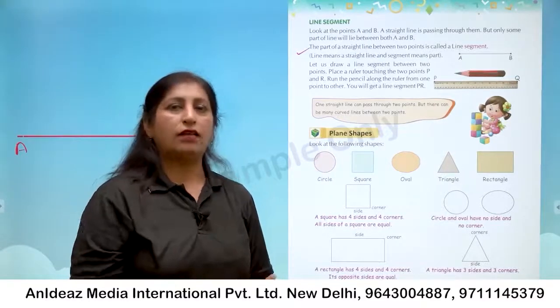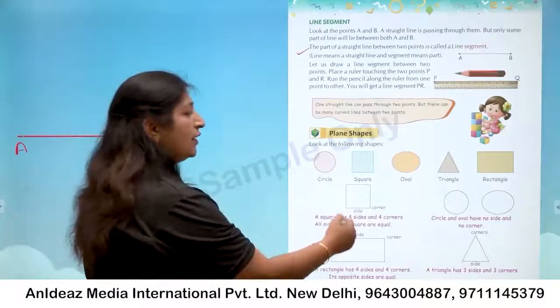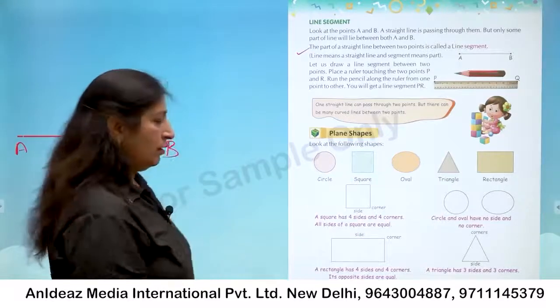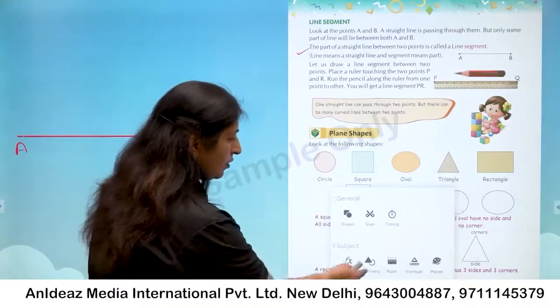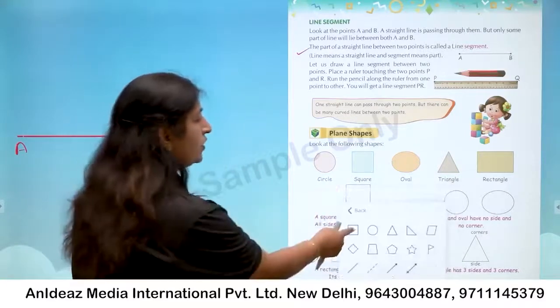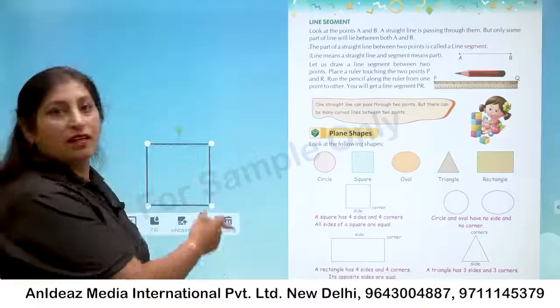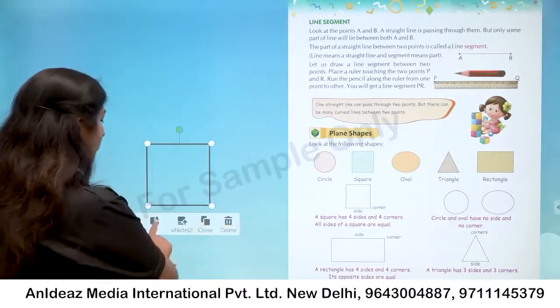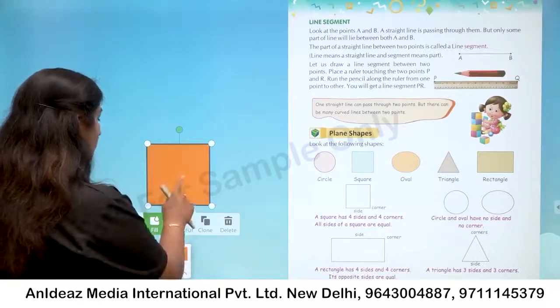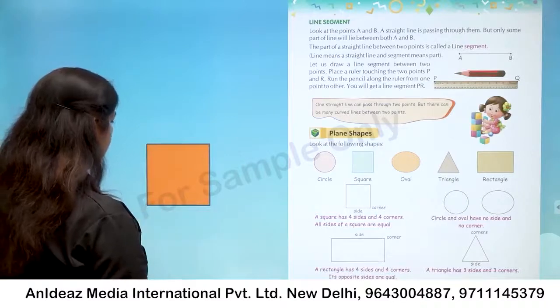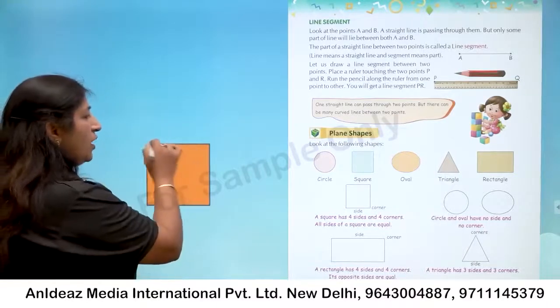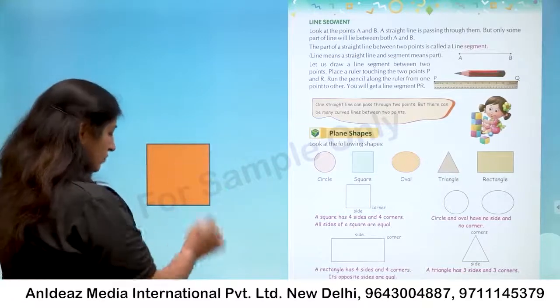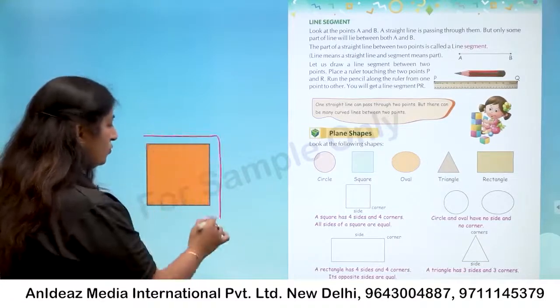Now you know that a square has 4 sides and 4 corners. You can see over here, if you show the shape square here, this is how you can draw a square. You can fill color in it also. This is a square. It has 4 sides, 1, 2, 3 and 4.